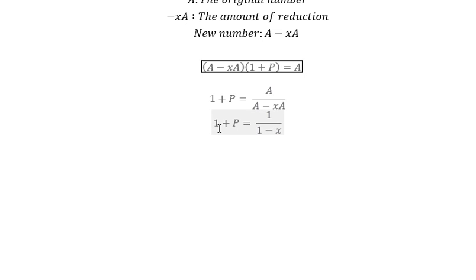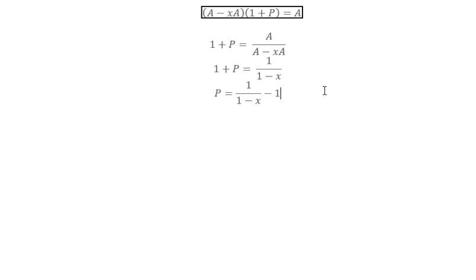After that, we move the number 1 to the right, and we get p equals 1 over 1 minus x, minus the number 1. For the number 1, we write 1 minus x over 1 minus x.